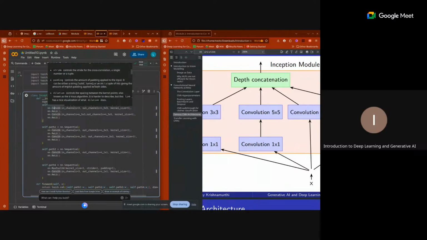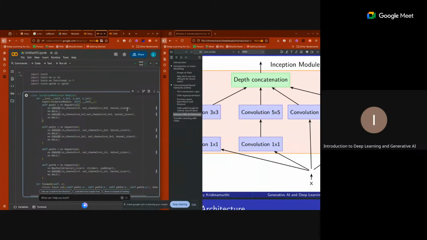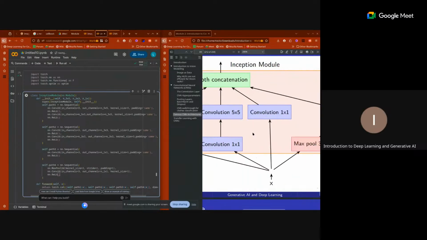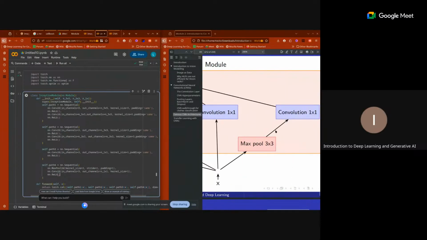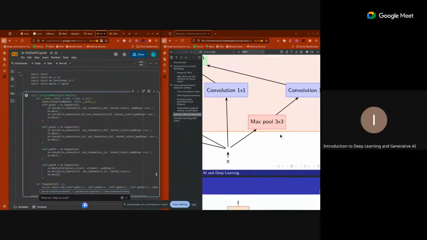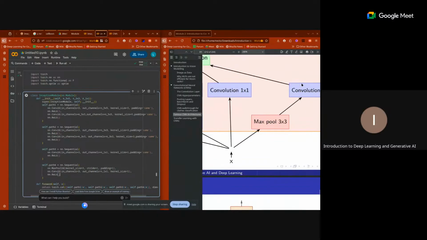What we can do is use the same padding over here. Let's see one more thing. Here the max pooling of 3 cross 3 is happening, which means the size is reduced, right?